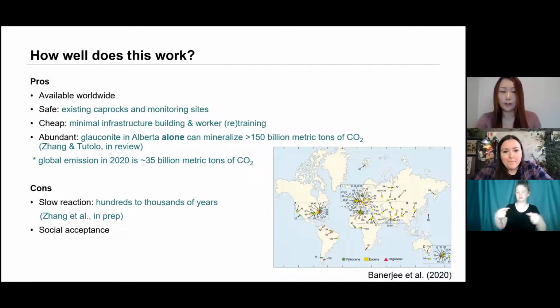Another way is a lot cheaper: directly capturing it from, for example, your coal burning plants or big factories that produce the carbon dioxide. You put a cap on those factories, use the same catalyst to filter out the carbon dioxide, squeeze it really hard to make it a liquid, and transport it to the site where you inject it. That's a lot cheaper.